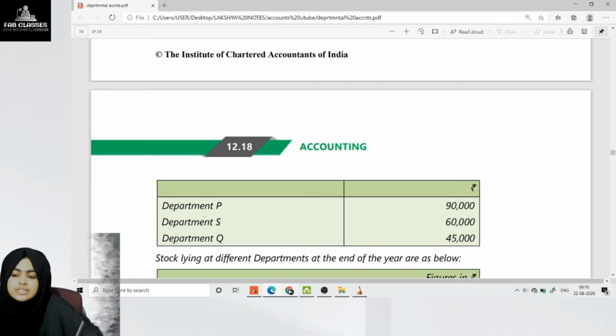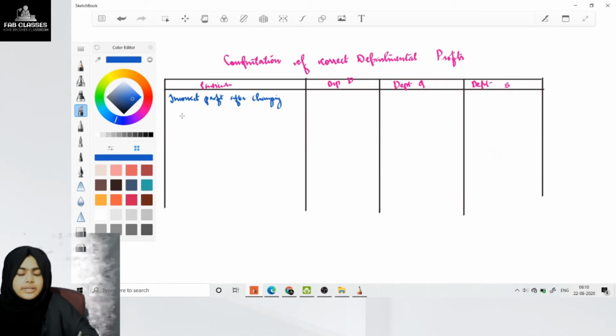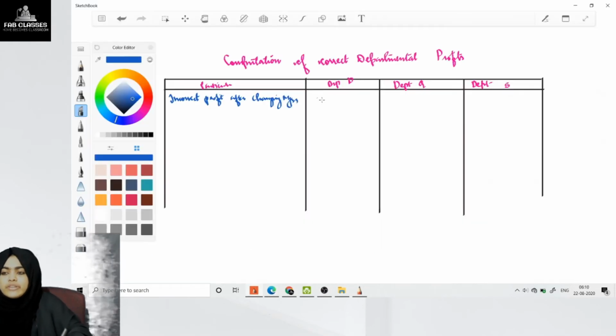So first let's take it into the statement: incorrect profit after charging manager's commission. This is not a basic wording which you have to follow as it is. You can write as per your convenience. It should have some meaning, that's it. So incorrect profit after charging the manager's commission is given in the question, and it's 90,000, 60,000 and 45,000.